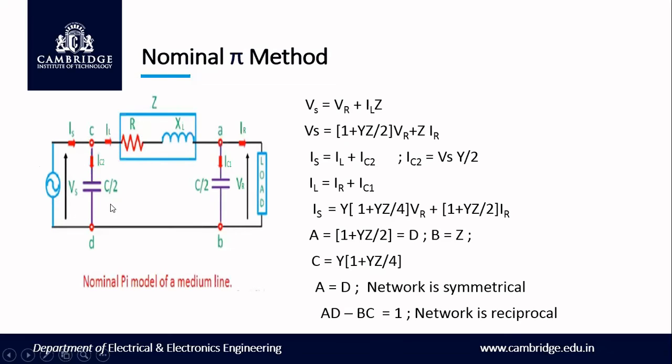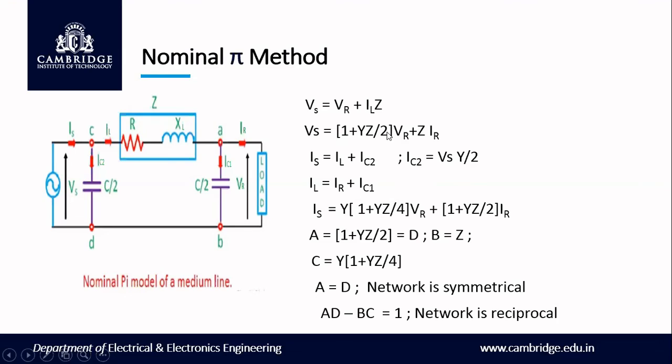IC2 is equal to Vs into Y by 2. Next, IL is equal to IC1 plus IR. Then you should substitute for IL is equal to IR plus IC1. If you substitute this, you will be getting this expression. So you need to substitute and find out the expression for Is and Vs.